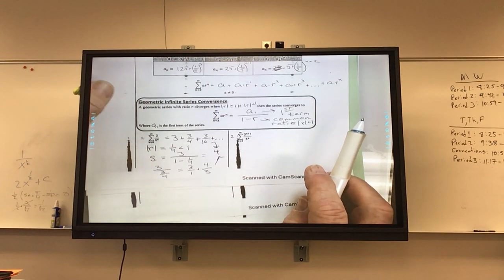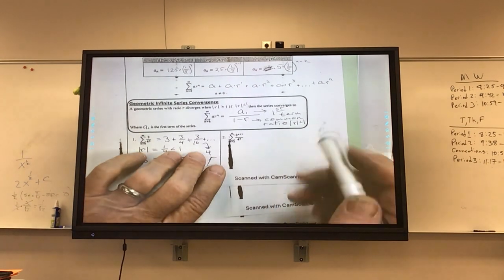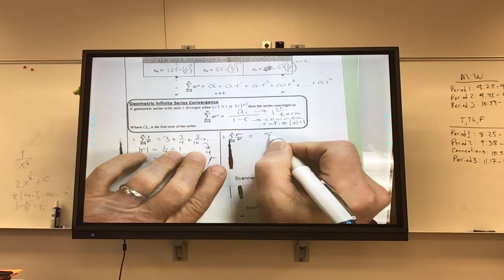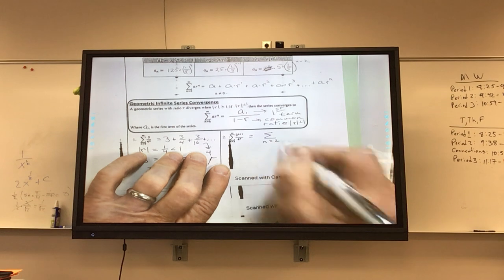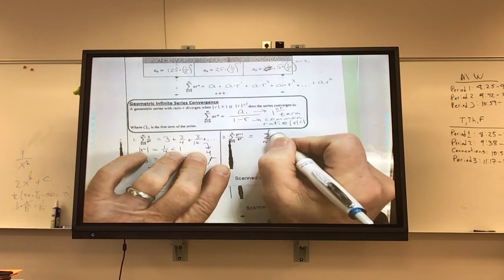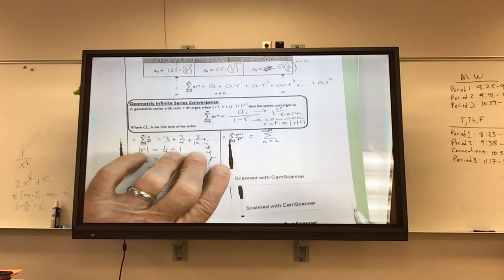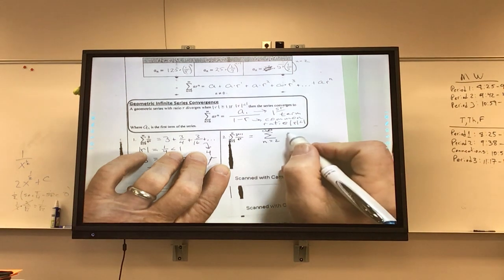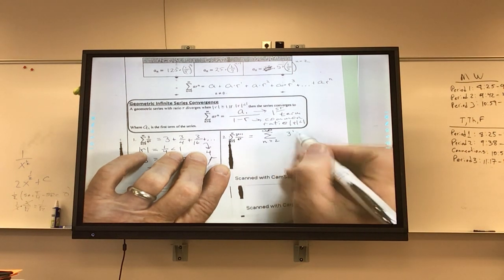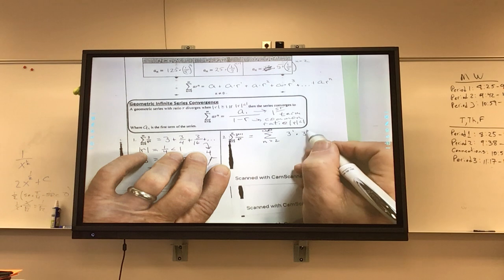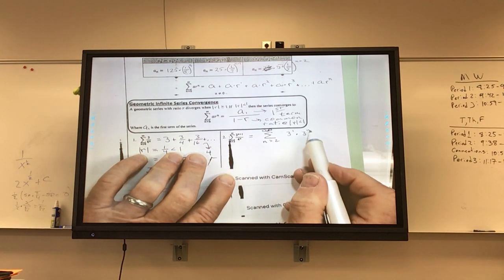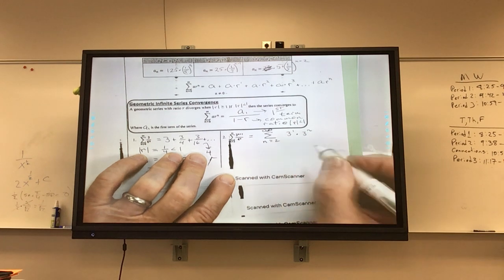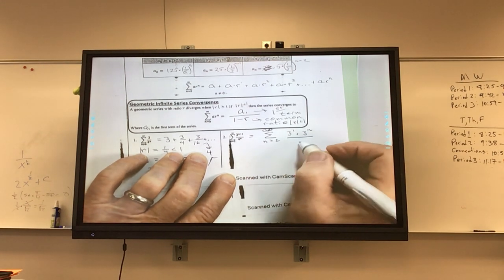Now sometimes you may have to manipulate it. So I'm going to rewrite this. Notice n equals 2, going to infinity, and I'm going to rewrite this as 3 to the first times 3 to the n. When the bases are the same, you add the exponents, correct? And down here, I have 4 to the n.